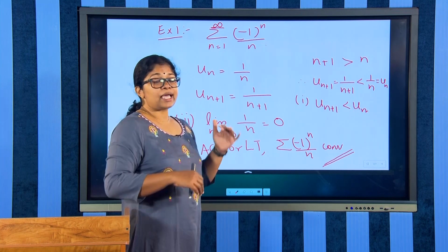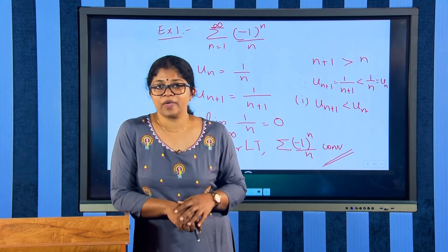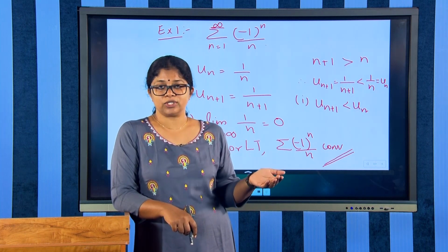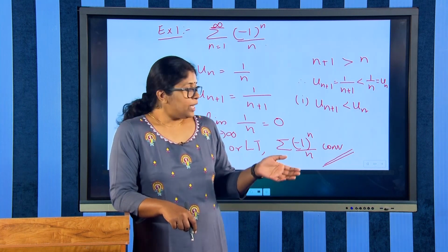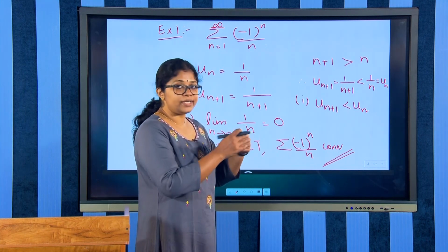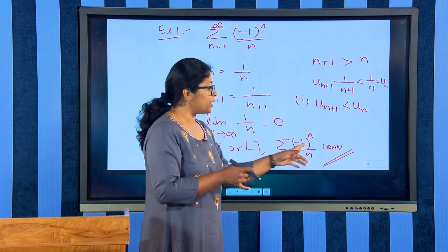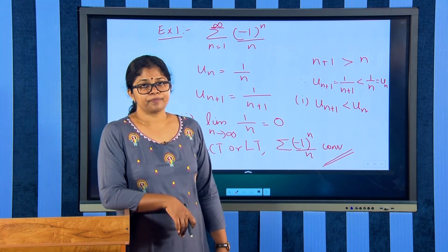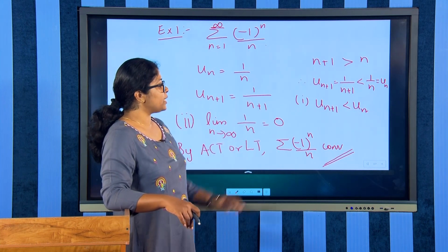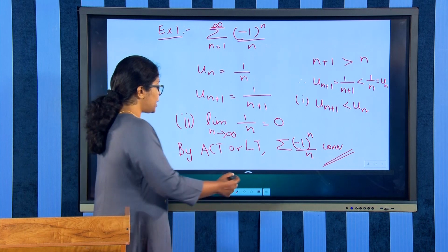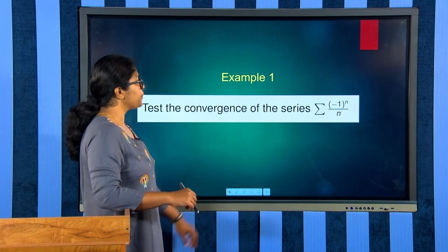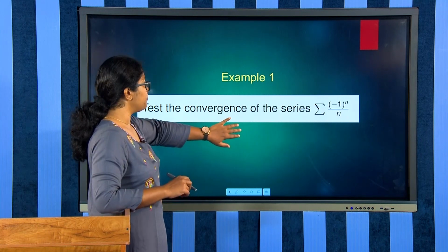See, this example is very important because we have already shown that summation 1 by n is a divergent series, but if we apply negative 1 power n to that, or if we alternate the terms of the series, then that series converges. This is a very important example which we will be discussing in the next class also. So that completes example number 1.